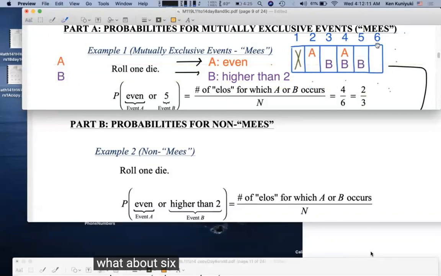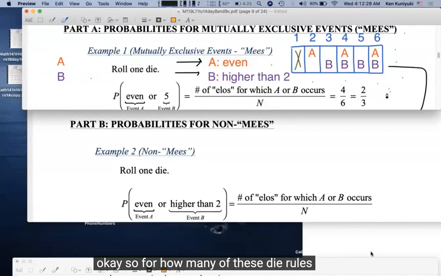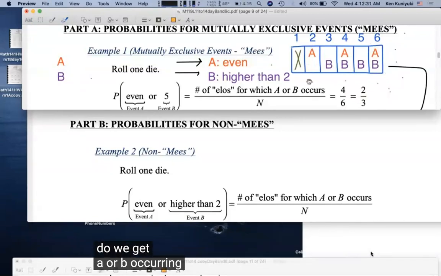What about 6? 6 is even, and 6 is higher than 2. Okay, so for how many of these die rolls do we get A or B occurring?